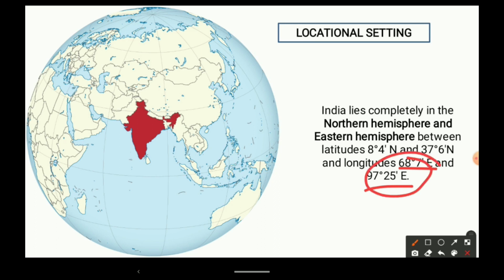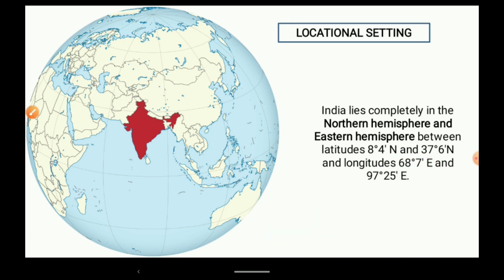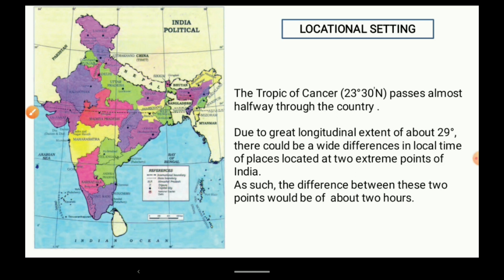This extent covers 29 degrees. That is, in our country, 29 lines of longitude pass. We call these longitudes or meridians. Due to this, we have wide differences in our local time, especially between the two extreme places located in the country.